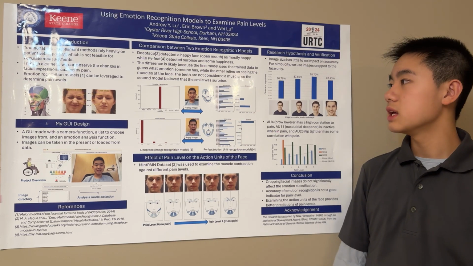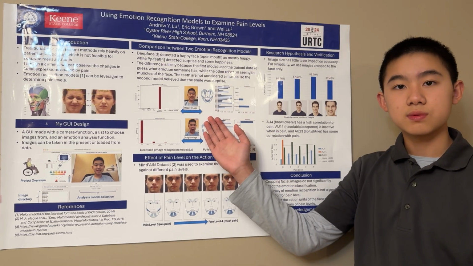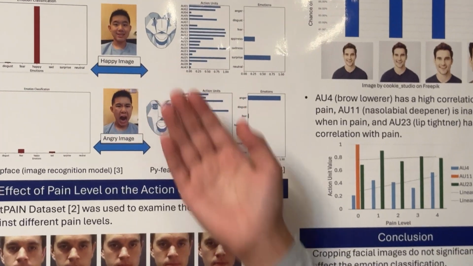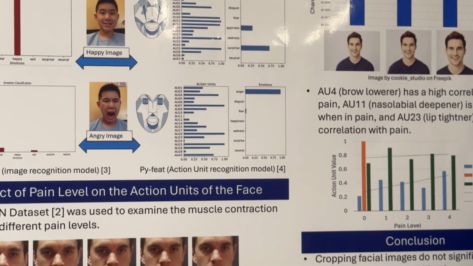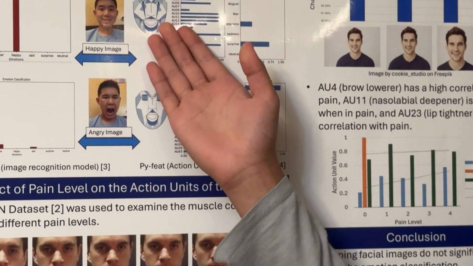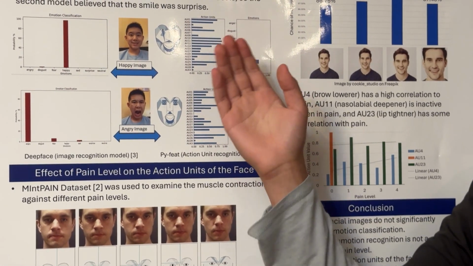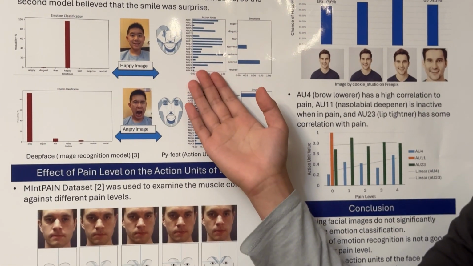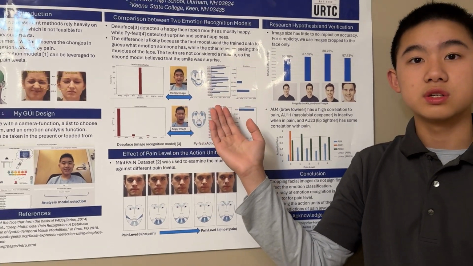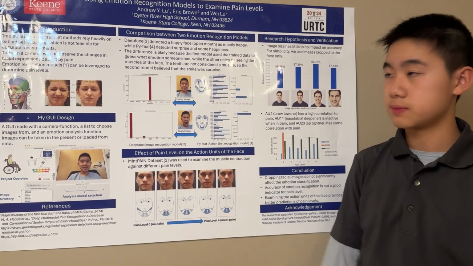So they have little diagrams like this which can show you the different muscles in action on your face. As well as that, they use that data to assume what you might be feeling. This is more of an interpretable machine learning approach, so that you can understand how they calculate this.